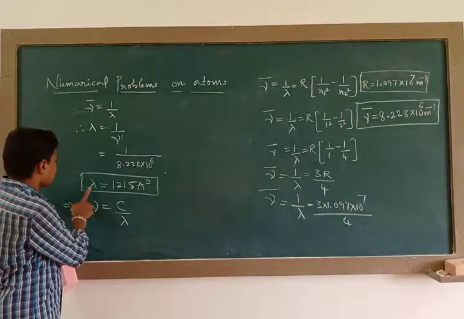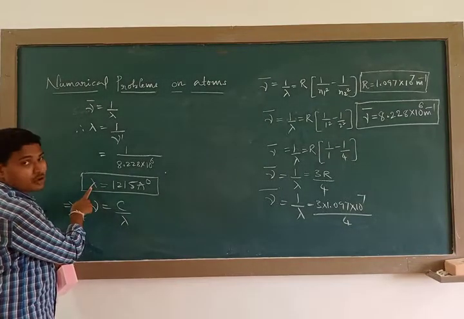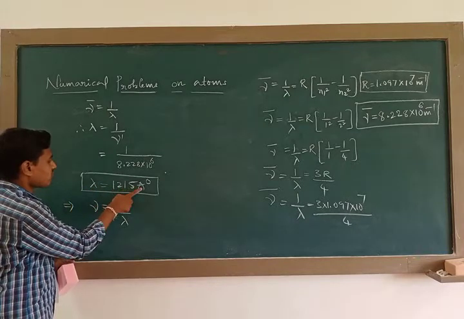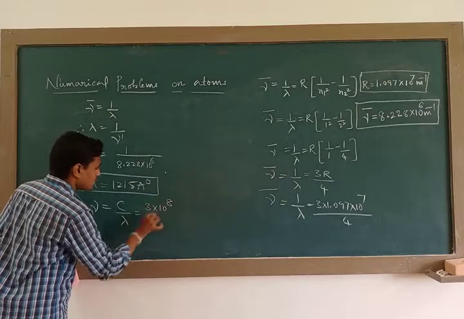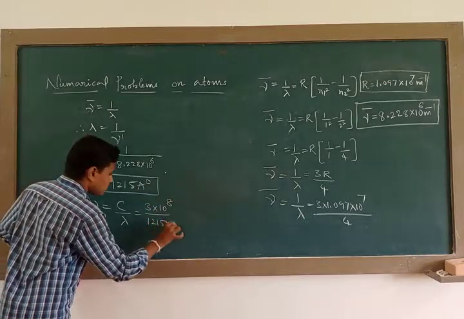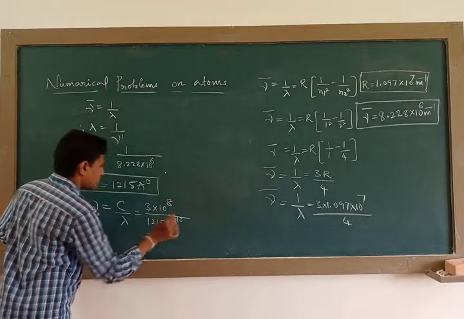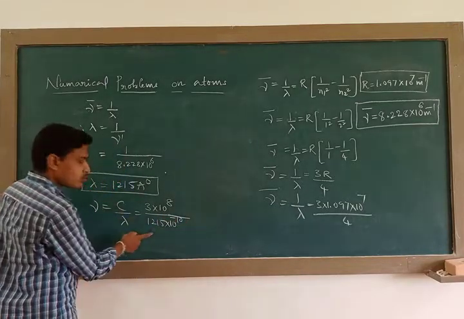Here the wavelength of the Lyman series is 1215 angstrom. Speed of light is 3 into 10 raised to 8. With this simple relation, 1215 into 10 raised to minus 10, I have to convert angstrom into meter. Use this wavelength value.